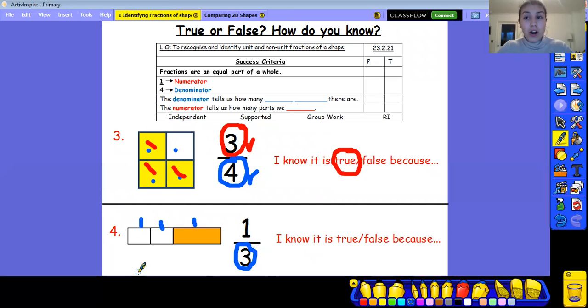Well, I've definitely got 3 parts, but are they equal parts? No, they are not equal because this part here is much bigger than these parts here. So I would say that this is false because the parts are not equal. Well done if you spotted that early.